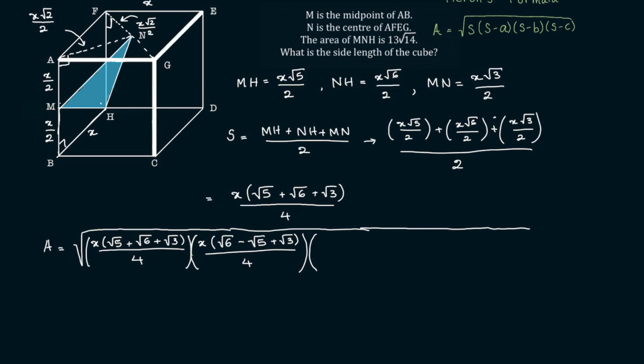And if we do this with the other two sides, we'll get x times root 5 minus root 6 plus root 3 all over 4, and x times, in brackets, root 5 plus root 6 minus root 3 all over 4.